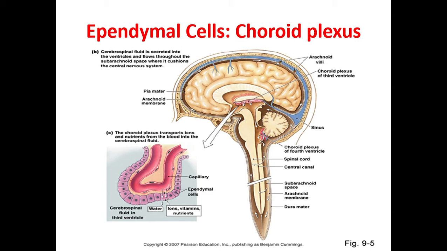In the lower portion of the illustration, we have the choroid plexus with the CSF. Aside from the CSF, water is added into the circulation as ions and vitamins and other nutrients. They flow within the spaces of the brain to give nourishment.